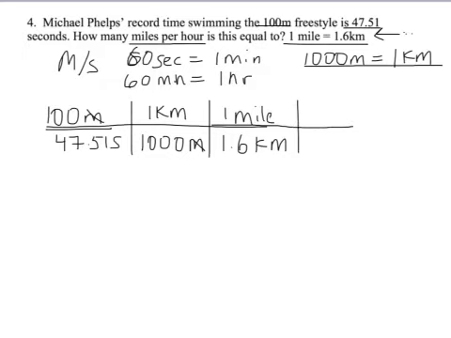And now here's the part that gets a little bit tricky. So we can cross out the kilometers now, but now we have miles, but what unit of time are we in? We're actually in seconds. Since we didn't do anything to this at the beginning, it kind of just carries itself through, and we're left with that on the bottom. So really what we need to do now is look at that and get it into hours.